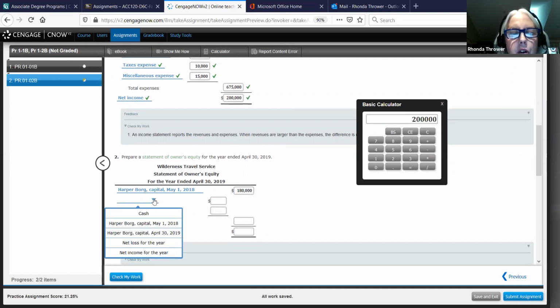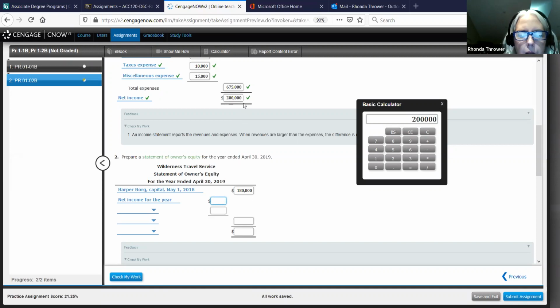So when you're choosing from your list, we're going to pick up the net income for the year, and that is going to add to our owner's equity. The amount of the net income comes from the income statement. That's why we prepared it first, so we could feed this information into the statement of owner's equity.